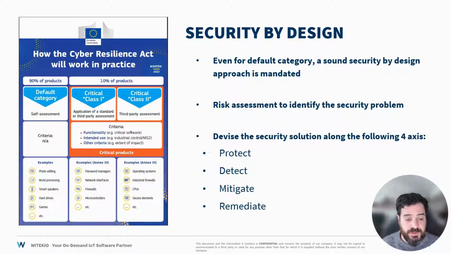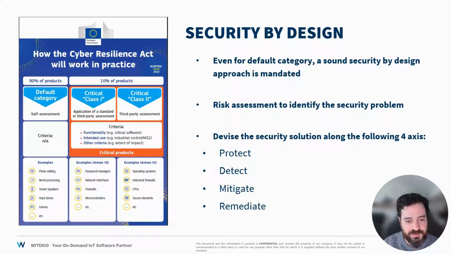So the CRA basically categorizes products in terms of critical versus non-critical. Non-critical is the default category. Critical is split into two subcategories, class 1 or class 2, depending on their criticality.